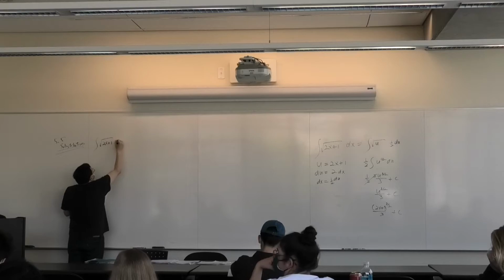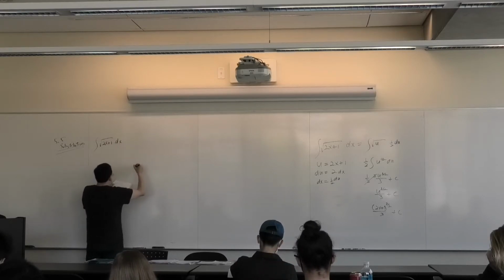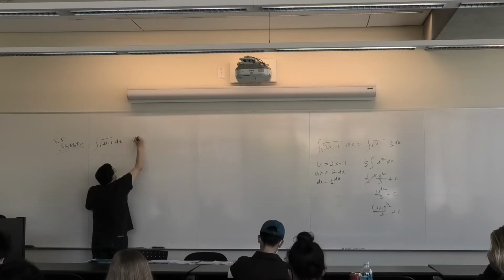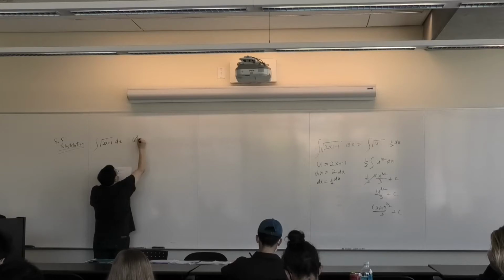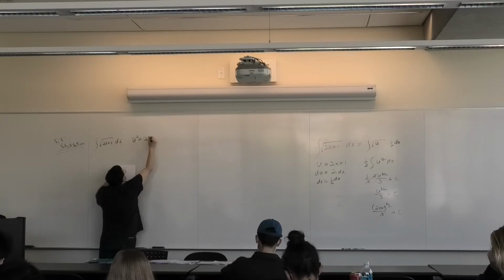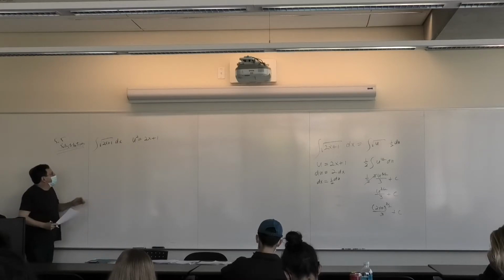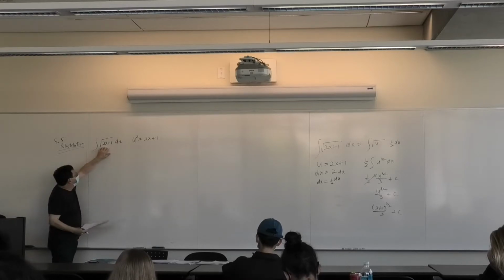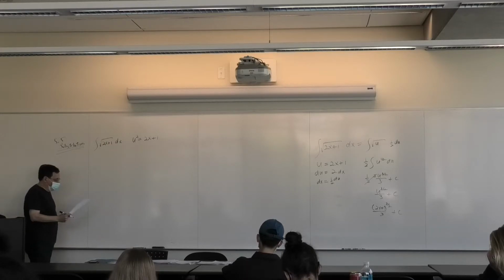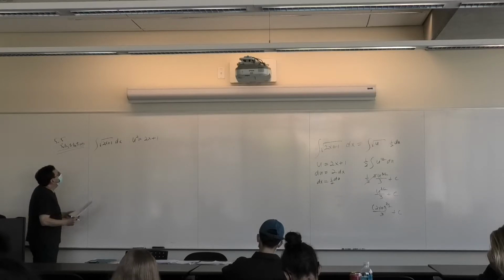And this time we'll try, say, u squared equals 2x plus 1. Well, why would I do that? Well, that not only gets rid of the 2x complication, but it gets rid of the square root too. Okay. How's that going to work?